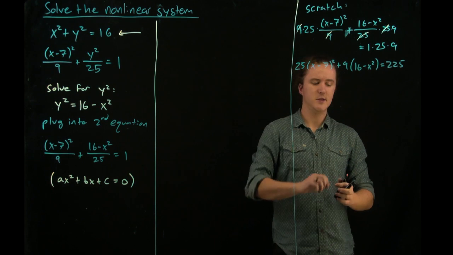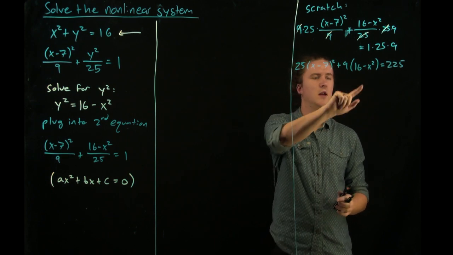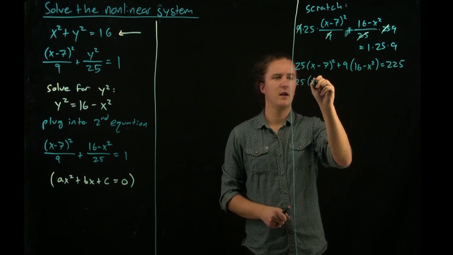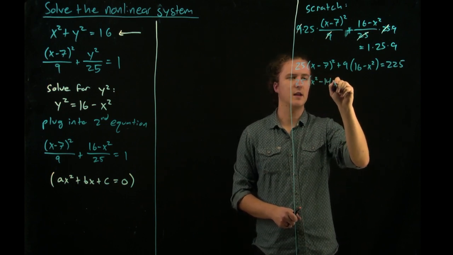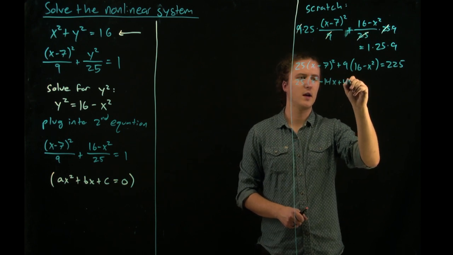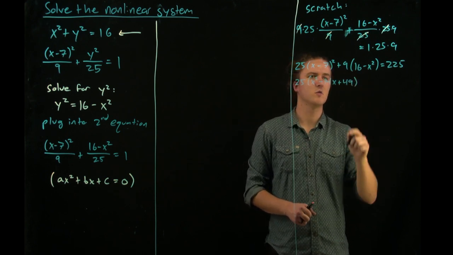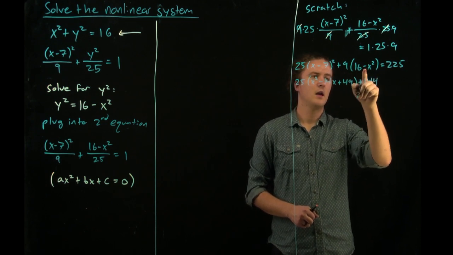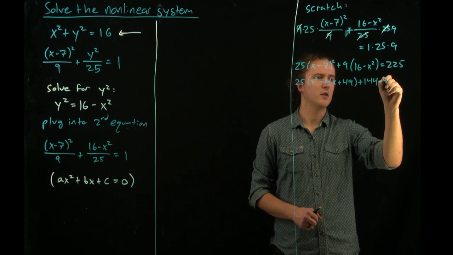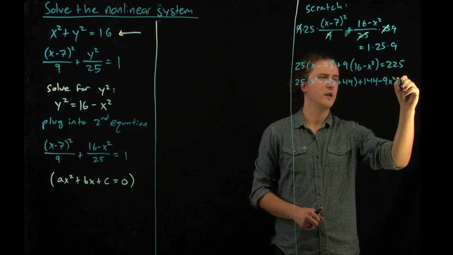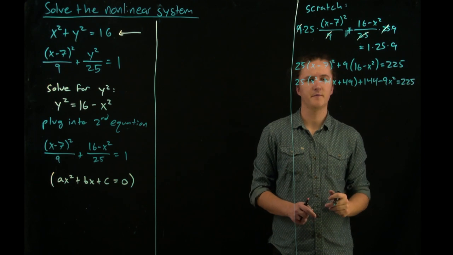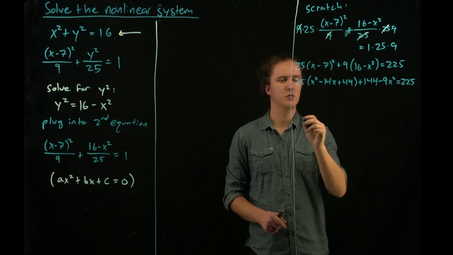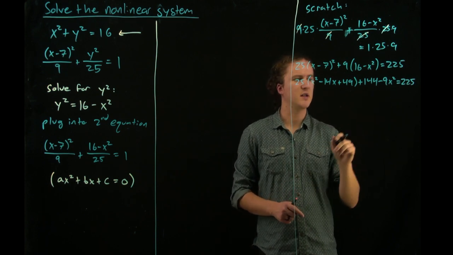Now we should be able to square this binomial and distribute through. This gets us 25 times (x squared minus 14x plus 49). Now push this through as well. 9 times 16 is 144. 9 times negative x squared is negative 9x squared. All of this is equal to 225. Keep going. I can now distribute this 25 in and start combining some of my like terms.